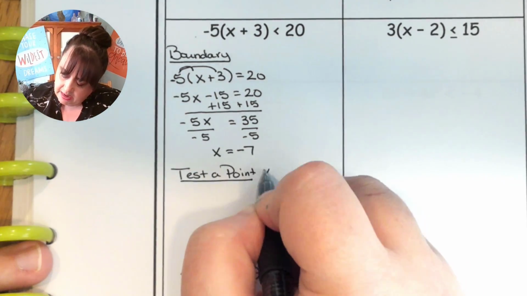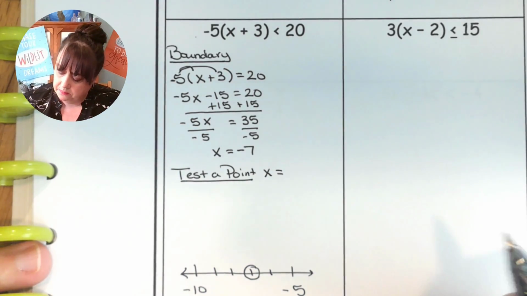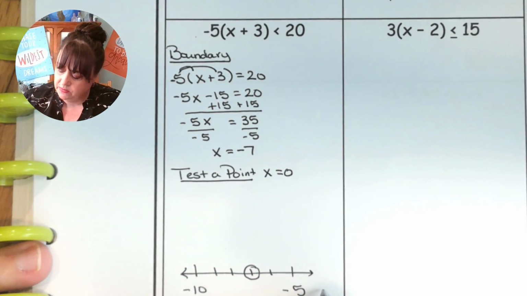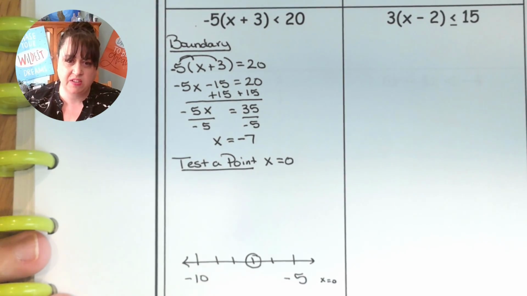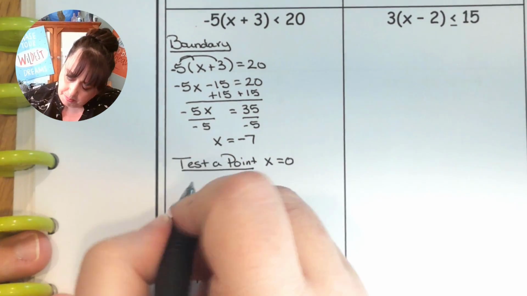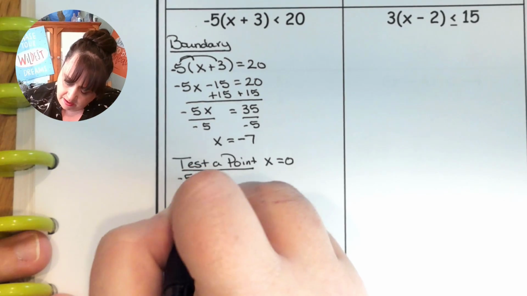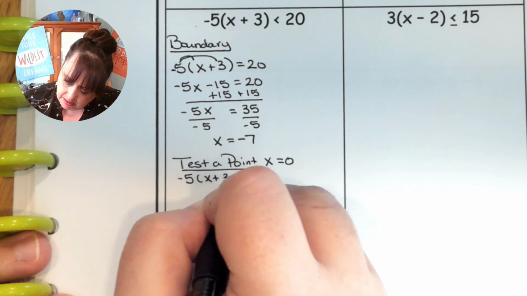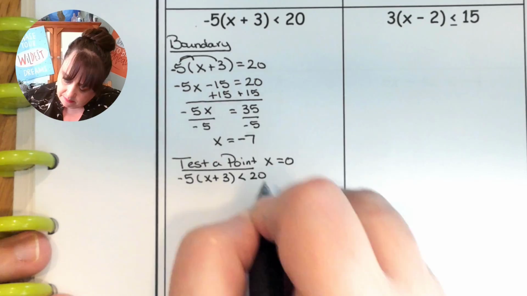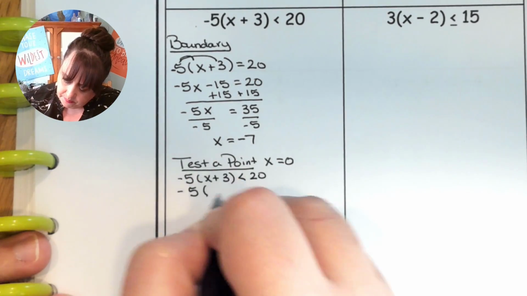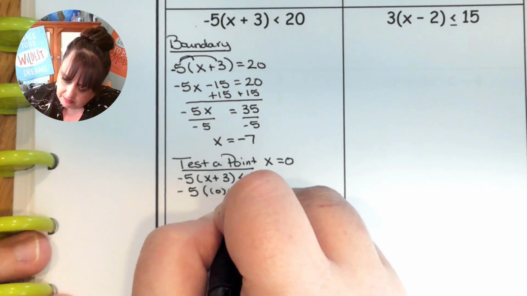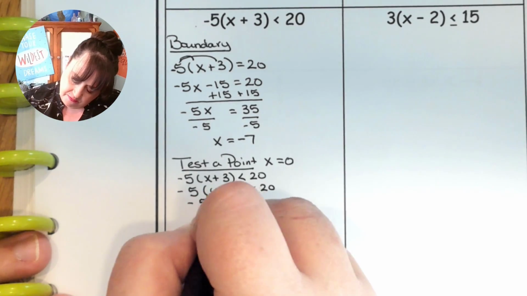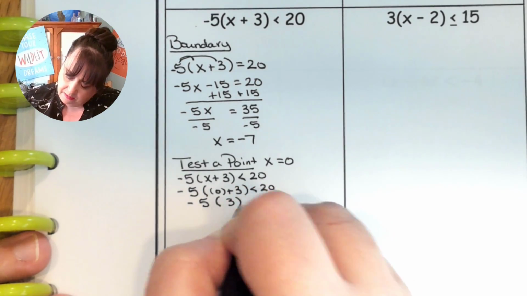I'm going to test x equals, let's use 0 again. That's over here. Do you see I'm just keeping track, small, of which side I was on? Into negative 5 times x plus 3 is less than 20. So 0 plus 3 is 3.